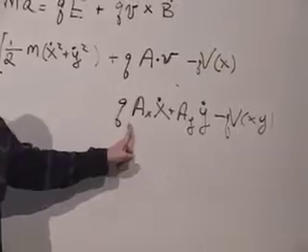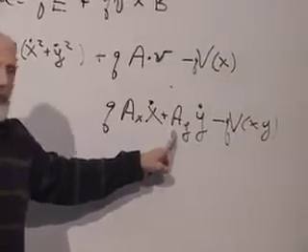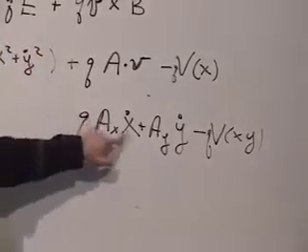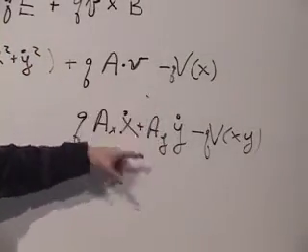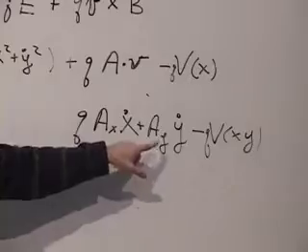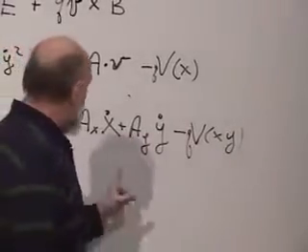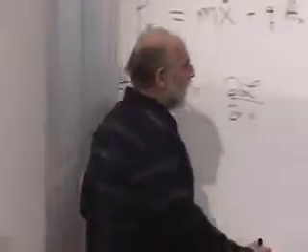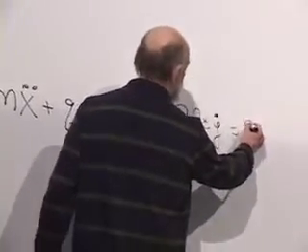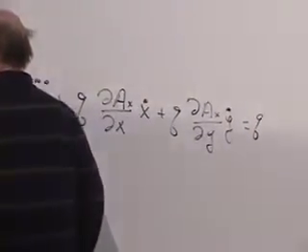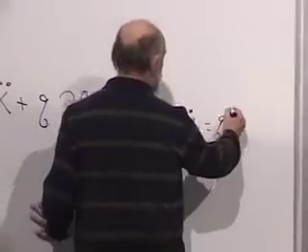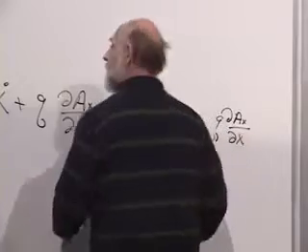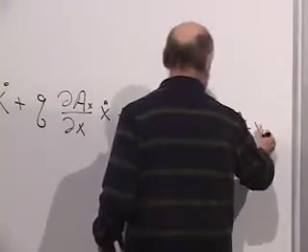Ax depends on x in general, Ay depends on x, and V depends on x. The x dots don't depend on x. Just Ax and Ay and V depend on x. So on the right-hand side, let's write down what we get. We get q times the derivative of A sub x with respect to x times x dot.